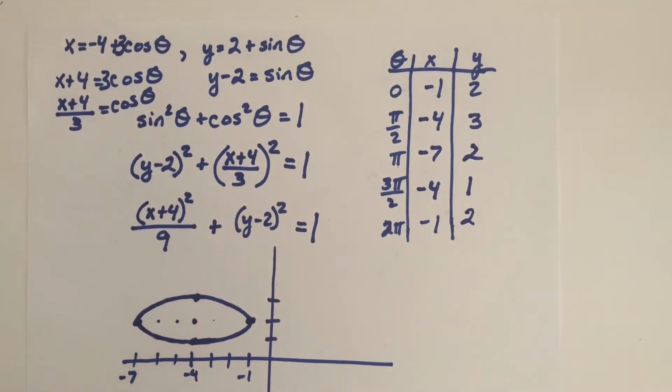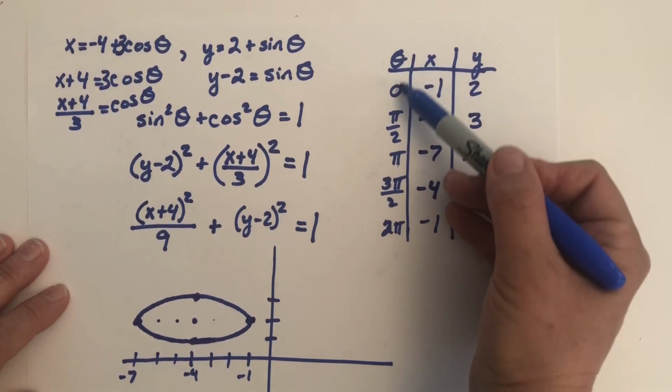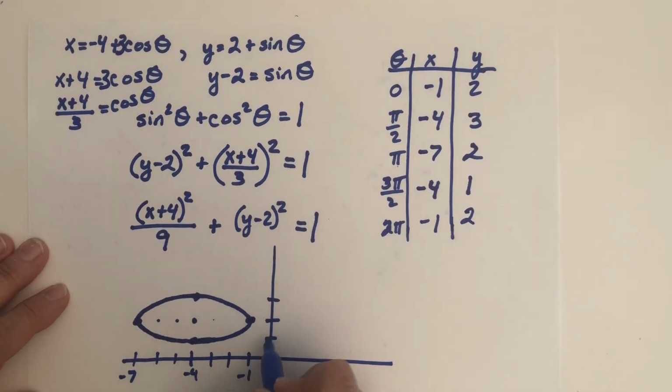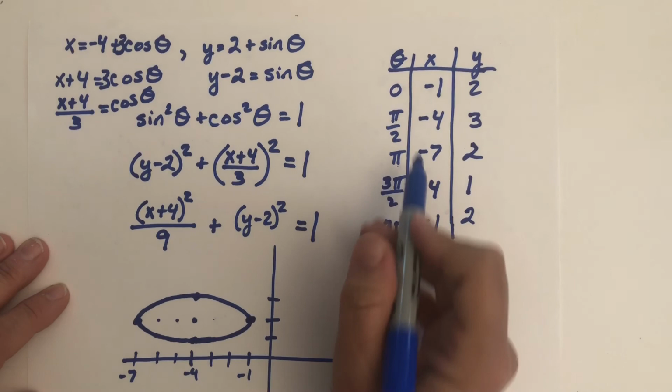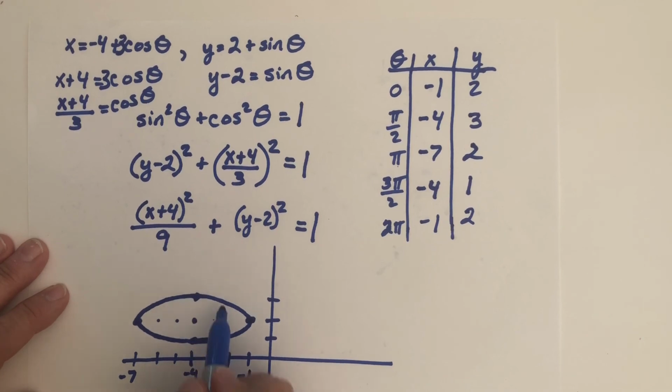So let's look at how this is taking shape. At theta equals 0, we're here at -1, 2. As theta gets larger, we move to -4, 3. Oh, so we're moving this direction.